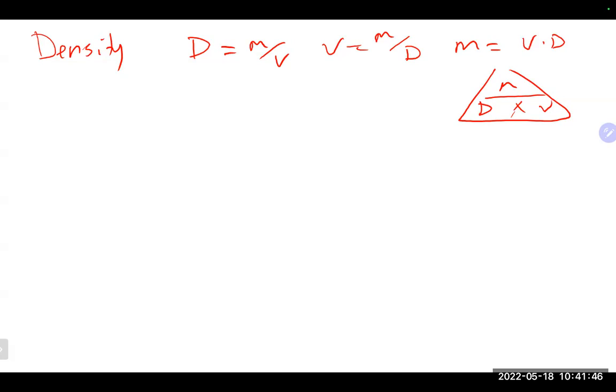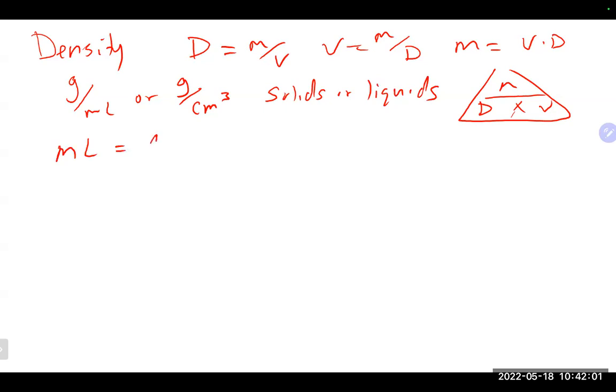So obviously units of density are usually grams per milliliter or grams per cubic centimeter when we're typically dealing with solids or liquids. And remember that a milliliter is really the same as a cubic centimeter, they are a one-to-one relationship.